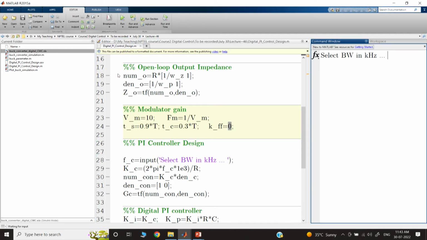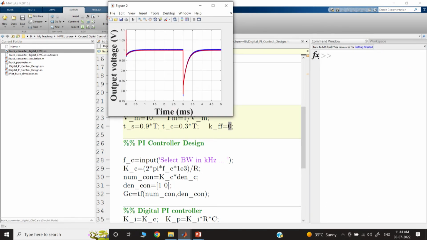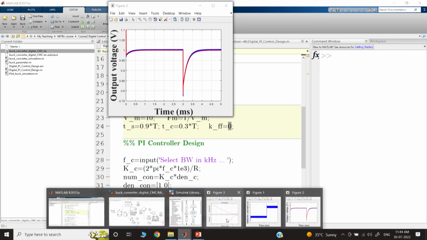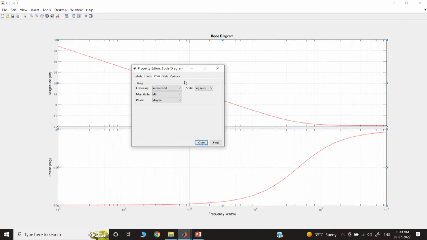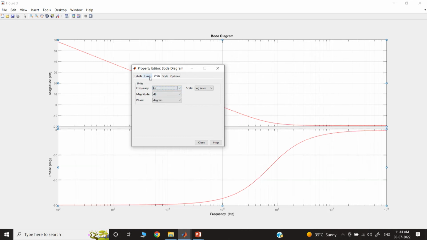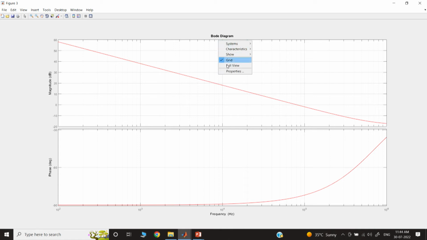It will ask for the bandwidth, so let us set the bandwidth to, let us say, 80 kilohertz. Then it will show the response, and before going to that we will go to Matlab and see the loop transfer function. Here we will set the loop transfer function and limit we will set. Then we want to see all the stability margins.